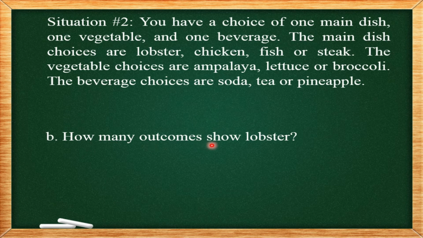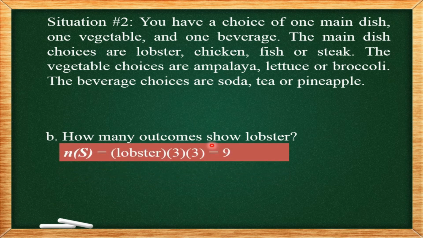How many outcomes show lobster? So lobster. The main dish is already identified, that's lobster. Then 3 vegetable choices and 3 beverage choices. So you multiply considering this as 1. So that's 1 times 3 times 3 is equal to 9.